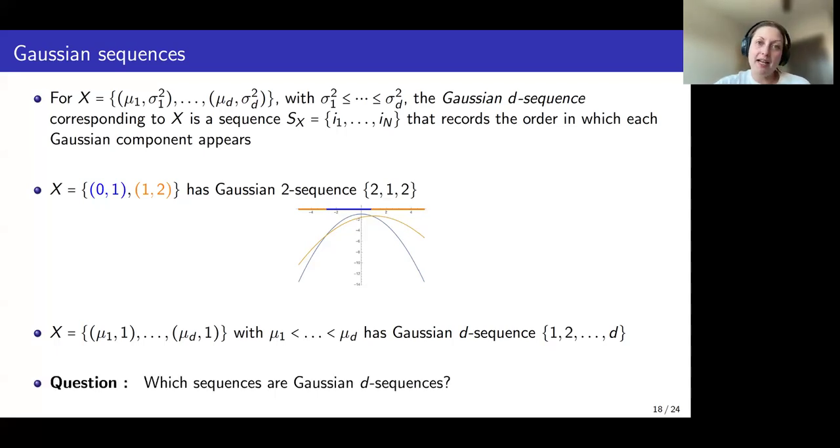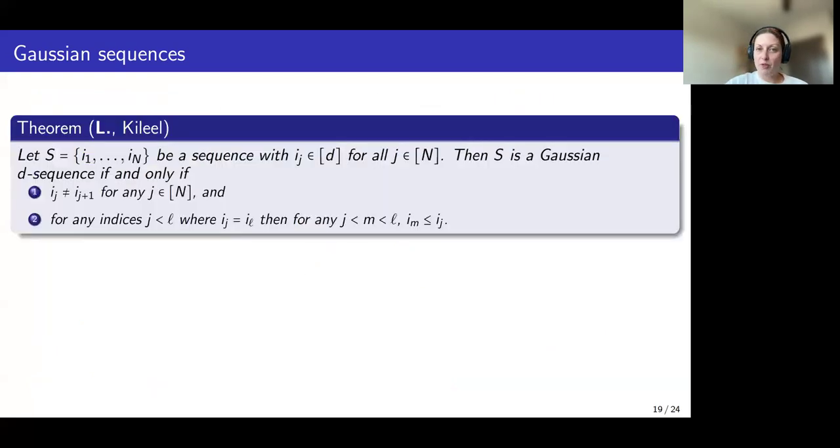And so the natural question then is, which sequences of d integers can be Gaussian D sequences? We have an answer, and it looks really messy, but let me tell you what this messy notation is saying. I'm going to consider a sequence that has capital N integers in it, and each of these i_j's is some integer between 1 and d.